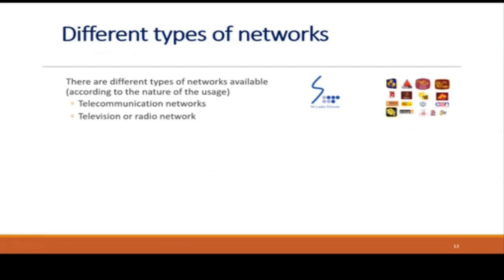I can't remember the name. Sri Lanka Mobitel or something, right? Okay, so we can't use this logo anymore. Someone knows that. SLT Mobitel, yes. So this logo is outdated. So we have the telecommunication network for mobile and all these things, and then broadband, and then television and radio networks. That is a separate kind of network.